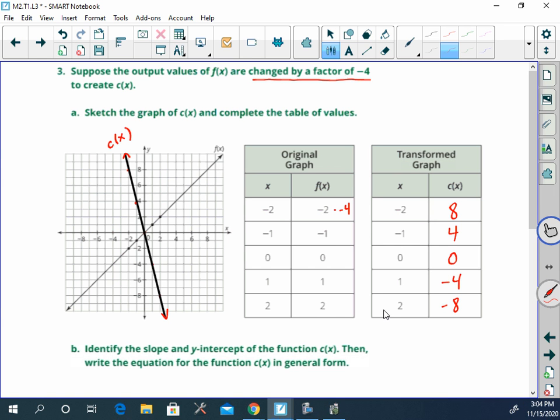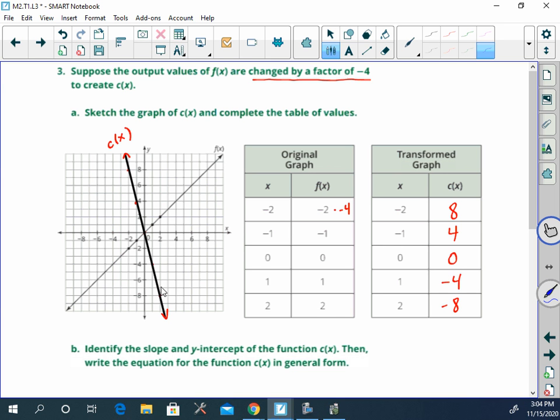So when we look at that, it made it steeper, which we probably anticipated happening because of the 4. That happened when we multiplied by 4 before, it made it steeper. But the negative actually flips it. So instead of being positive up here, now it's negative down here. So it reflects it over the x-axis. And we'll be doing some of that work here in just a page.